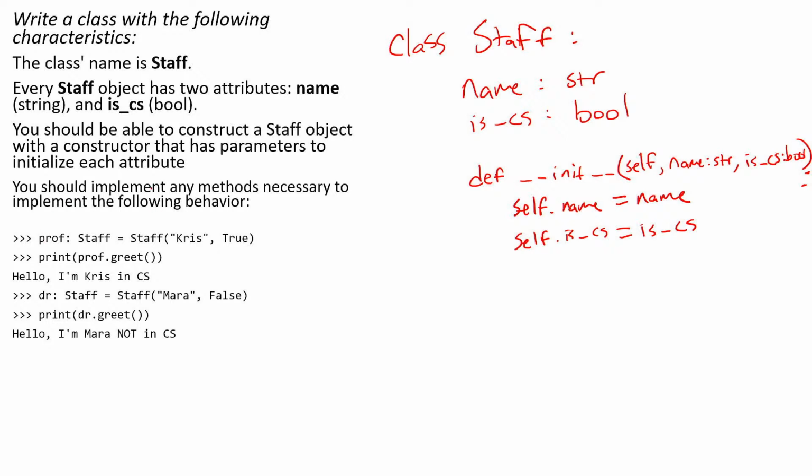So we've effectively checked off this piece of functionality that we need to do. And now we can turn our eyes towards the greet method. But before I do that, any questions on attributes, constructor, anything like that? Yep. Do you ever specify that self is like class or staff? Good question.